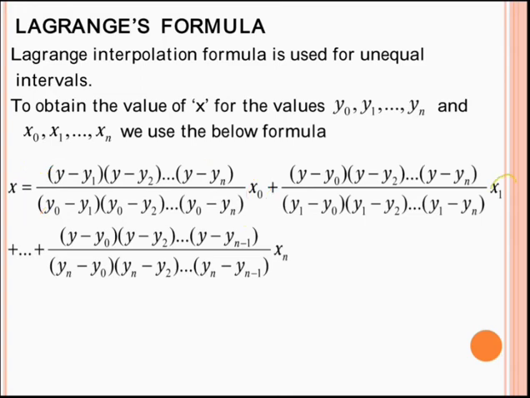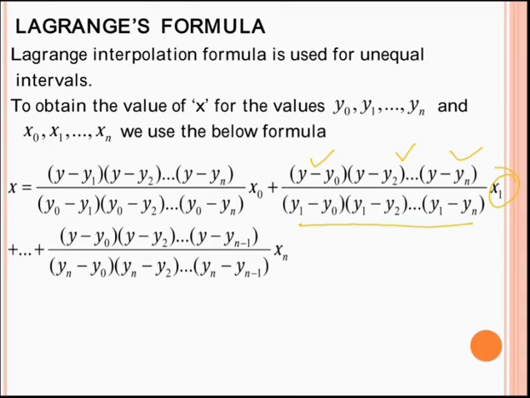Similarly, here I am taking x1, so in the numerator I will not take the term of y1, I will skip it. I will take y minus y0, y minus y2 up to y minus yn. And since I am taking x1 and not taking y1 above, in the denominator I will subtract each and every term from y1.